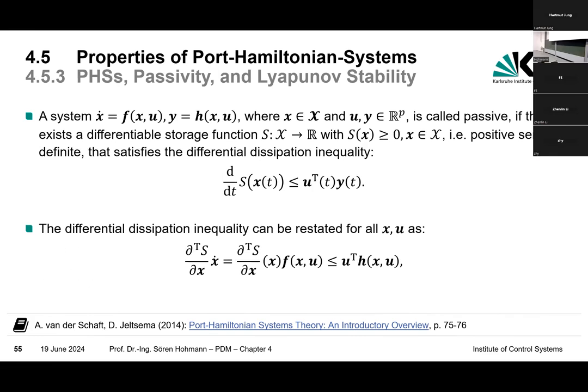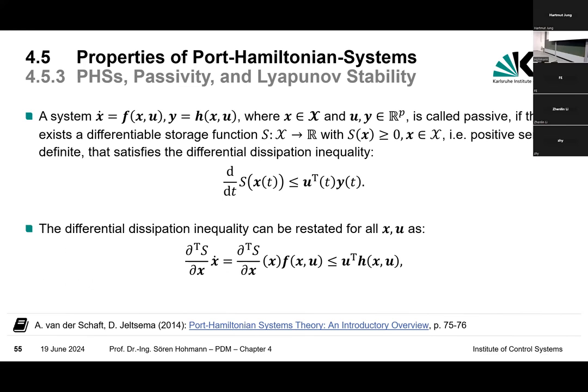Exactly. So the Lyapunov theory is motivated as follows: if a system is stable, then there might be some sort of energy, I should say, which is reduced over time. So the energy level of the entire system, if it's stable, should be reduced. This is the starting point for Lyapunov theory.